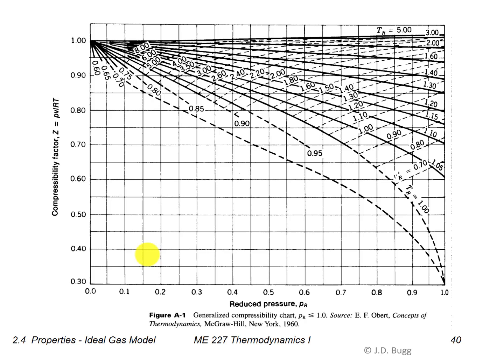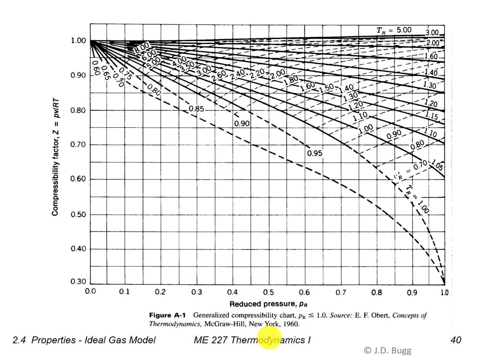Of course this looks a lot more complicated than the little one that I sketched earlier on, but that's because it's drawn accurately, to scale, so we can actually pull numbers off here, and it has a lot more lines of reduced temperature on it. Just to orient ourselves, the vertical axis is the compressibility factor, and they show its definition here as well, PV over RT, and the horizontal axis is reduced pressure.